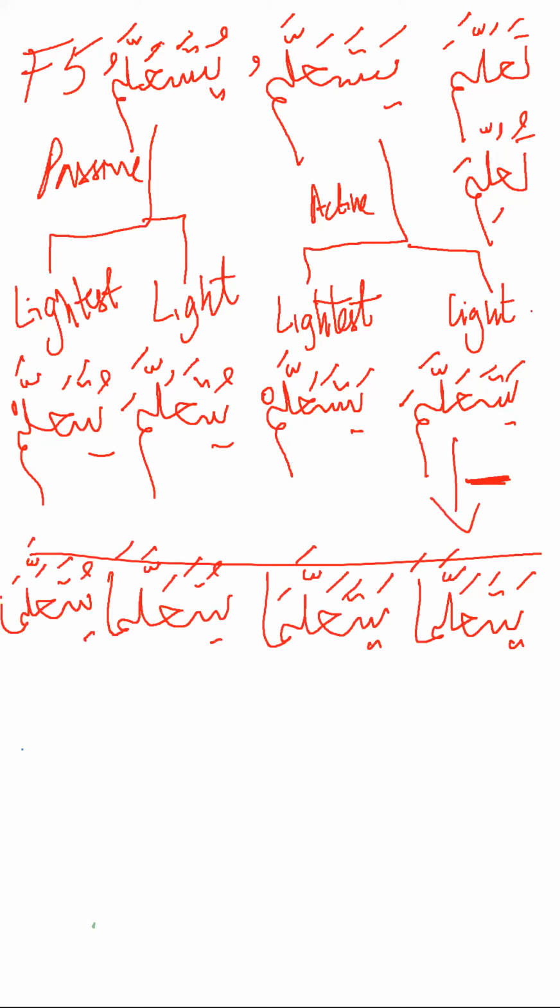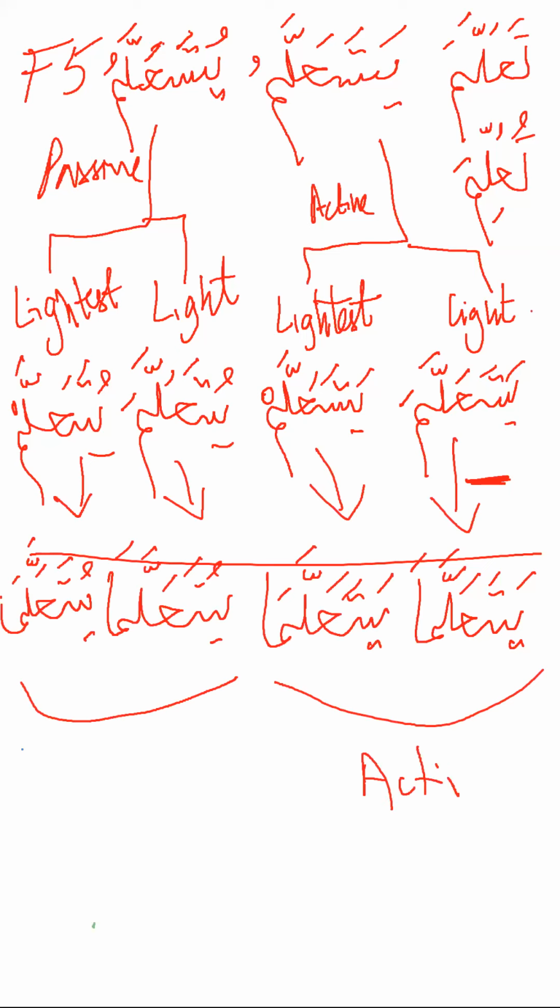The only difference is that you will be able to tell whether it's active or passive. But between light and lightest, you won't be able to tell unless you go to the context.